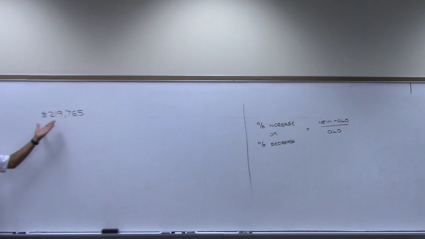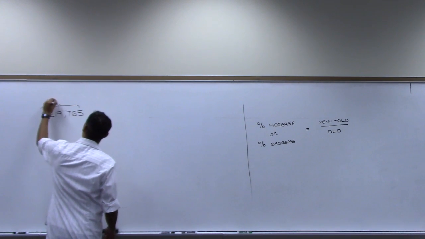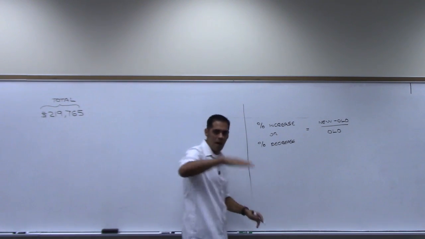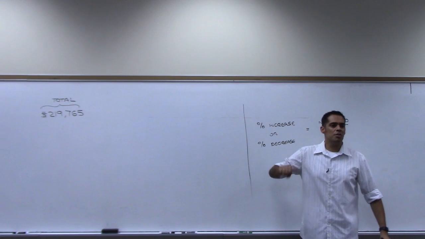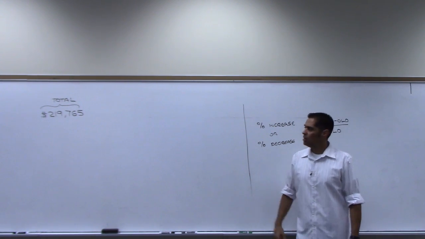So what's given here is actually the total. That's kind of like the number at the bottom of the receipt, right? It's your grand total after tax. What we're trying to do is go backwards and figure out how much the pool hall was being sold for.